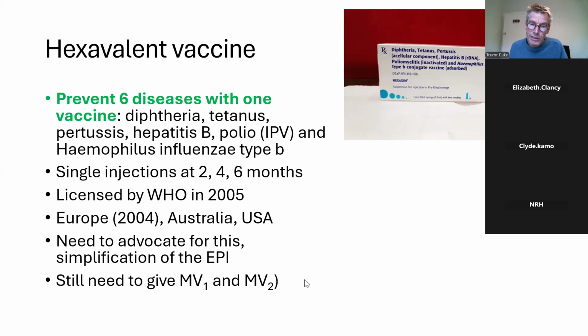Of course, we'd still need to give measles vaccine, MR, measles vaccine 1 and 2, measles rubella vaccine, and we'd need to still give a birth dose of hepatitis B, and we'd need to give BCG. But it would simplify the EPI system, and I think that in the last decade the EPI system has become more complicated rather than simple.